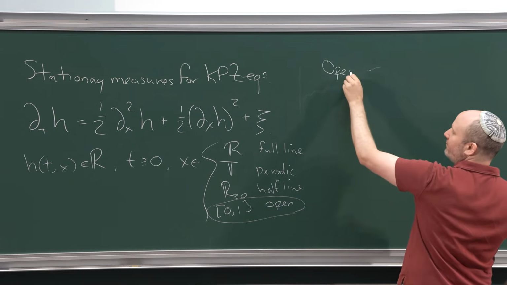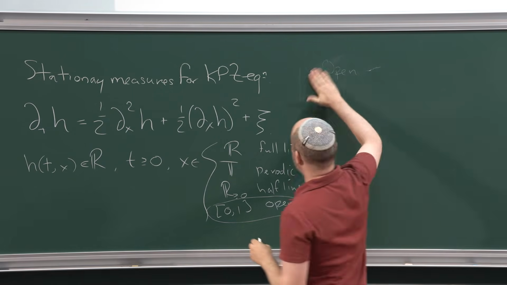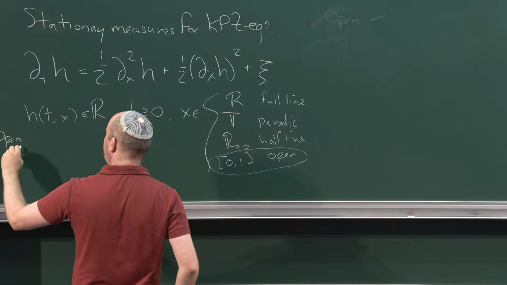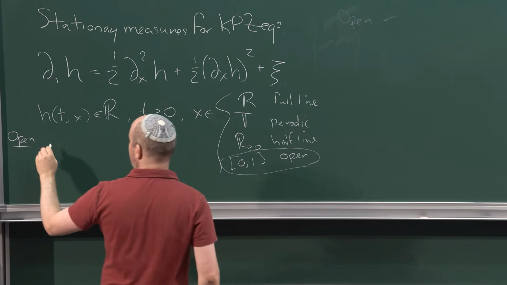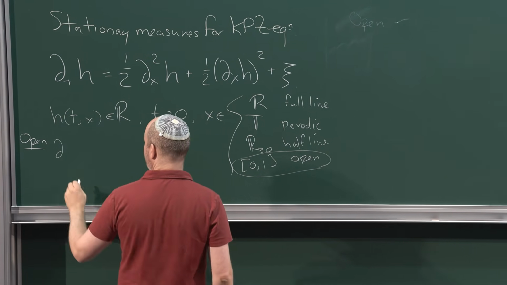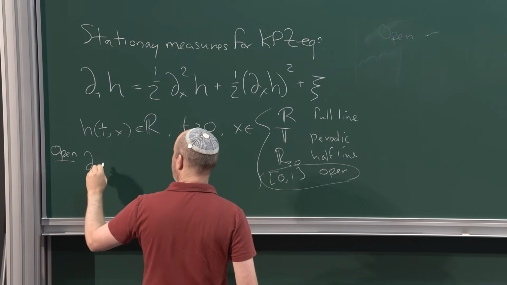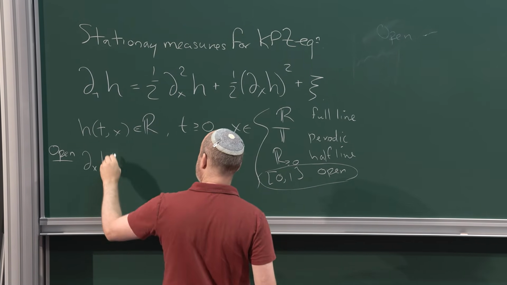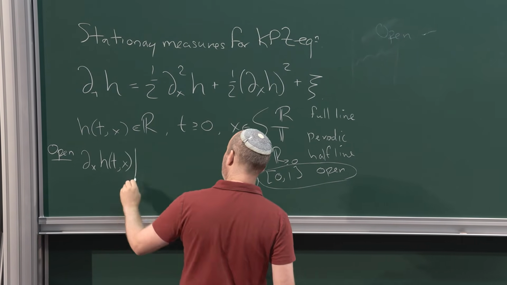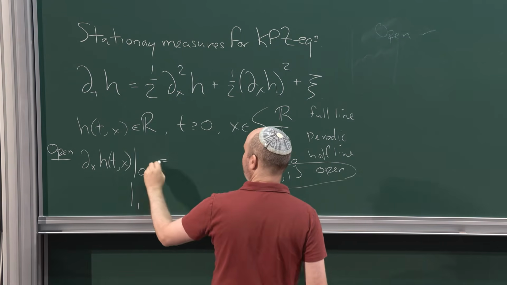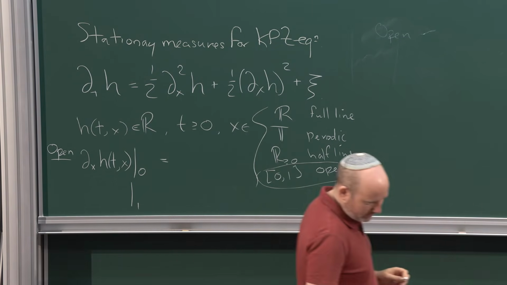For open KPZ, you also need to specify boundary conditions. The boundary conditions that you take are at the boundary points 0 and 1. If you evaluate the derivative at 0, or at 1, you should get some given slope.